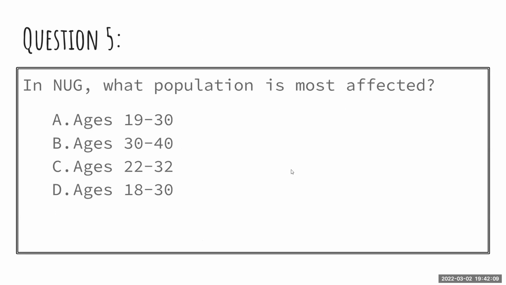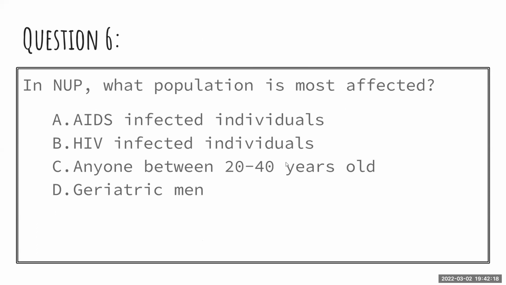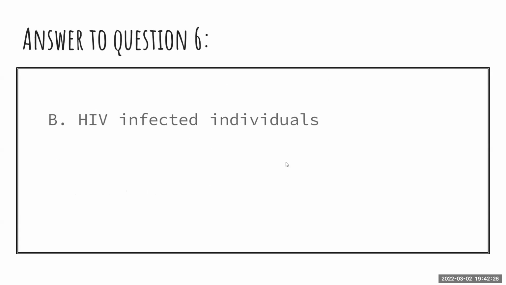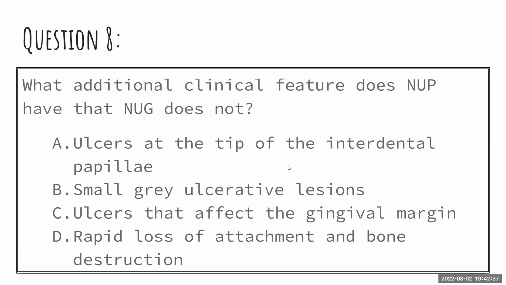In NUG, what population is most affected? A. The younger set, college students. In NUP, what population is most affected? B. You got it. C. Let's see. The World War I. Trench mouth, Vincent's disease. So clinical features, what does NUP have that NUG does not?